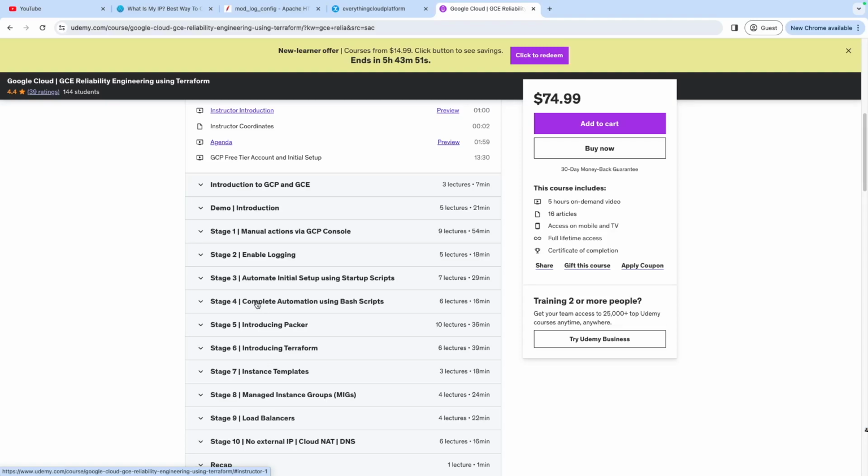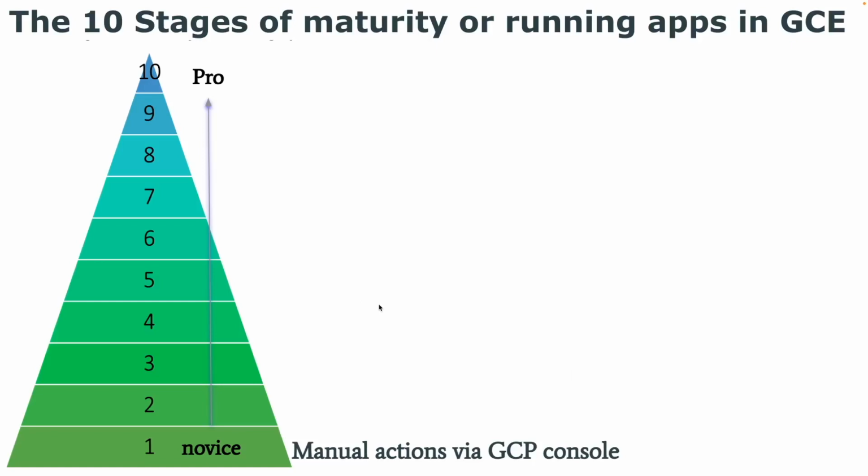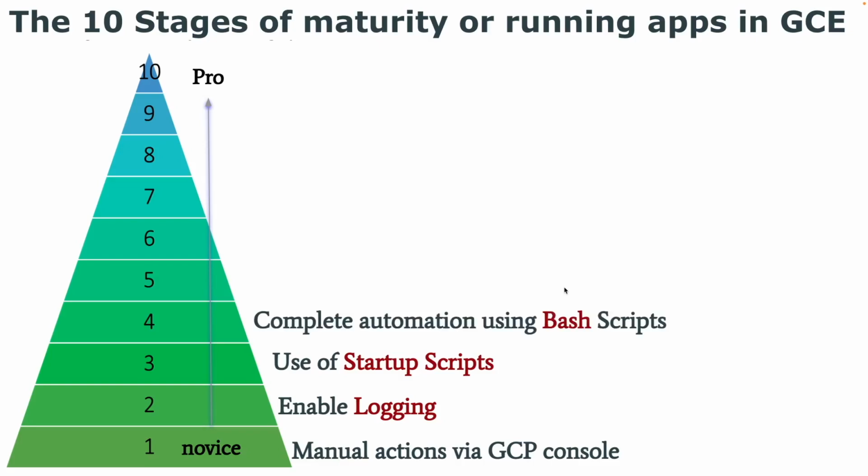And here is what those 10 stages look like. The course starts at stage 1, the novice level, with manual actions via GCP. So we create infrastructure using manual actions. It then progresses through these stages. We enable logging, then we use startup scripts, then we do complete automation using bash scripts.